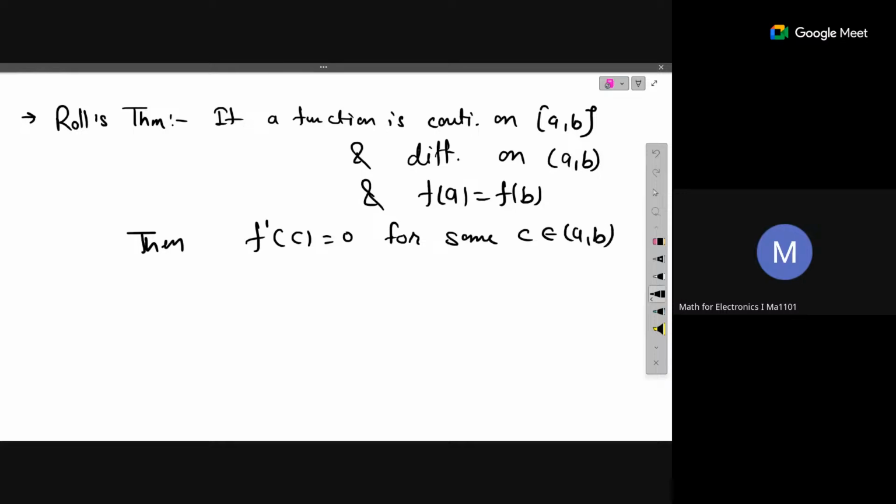That means you will get one c in the open interval (a, b) such that the derivative is equal to 0 at that c. Let's try to understand this graphically.